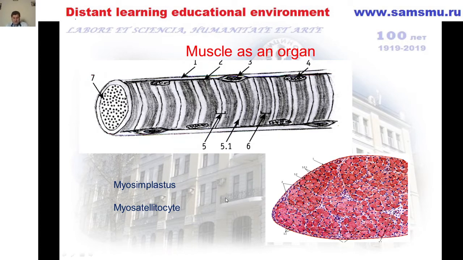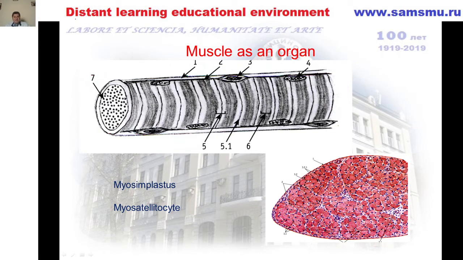It contains larger vessels. You may see the muscle fibers of second gradient, which are covered with perimysium, a thicker layer of connective tissue with blood vessels and nerves. You may see this, for example, in this picture.